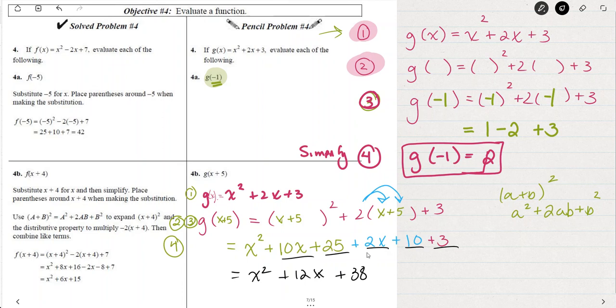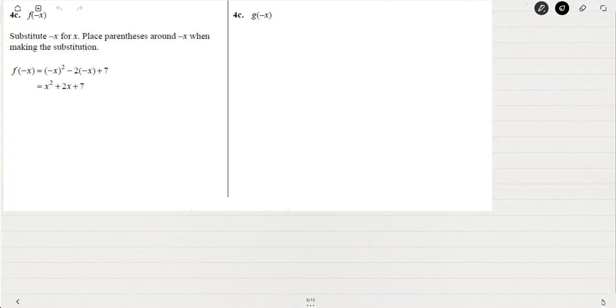So I've got g of x plus 5 is equivalent to x squared plus 12x plus 38. Can't stress enough how much I'd encourage you to use those steps each time.